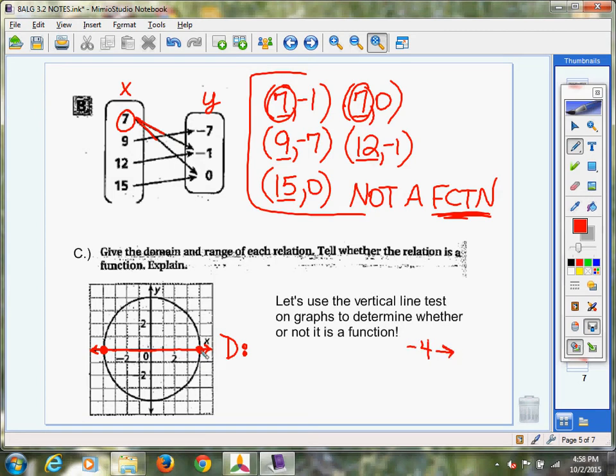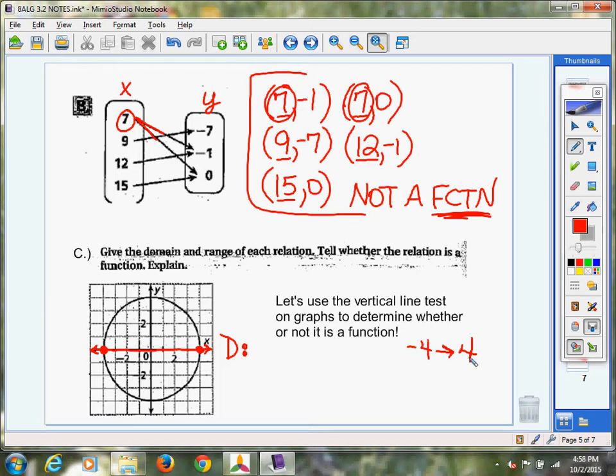We're trying to figure out what number that is, because we don't see it labeled, so we have to deduce it. Back at the origin, this would be +1, +2, +3, and +4. So our numbers range between -4 on the x and +4 on the x.